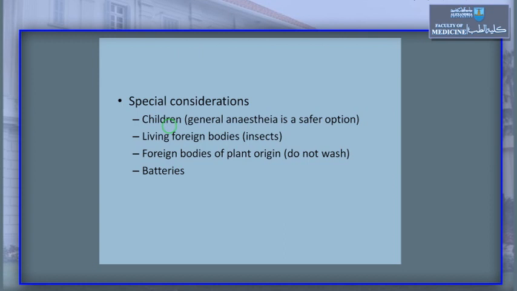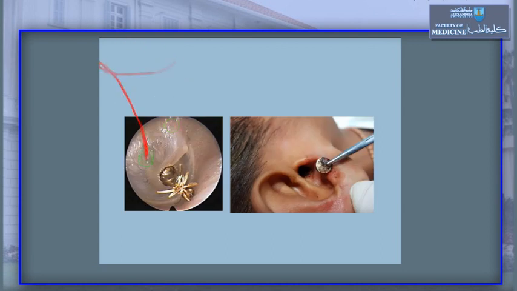Living foreign bodies such as insects are again one special consideration, because the insect is living, so if it's moving inside the ear canal and touching the outer surface of the tympanic membrane, it will cause much discomfort to the patient. He will perceive it as intense pain and noise inside his ear.